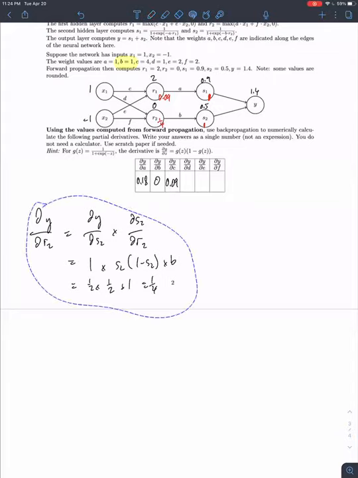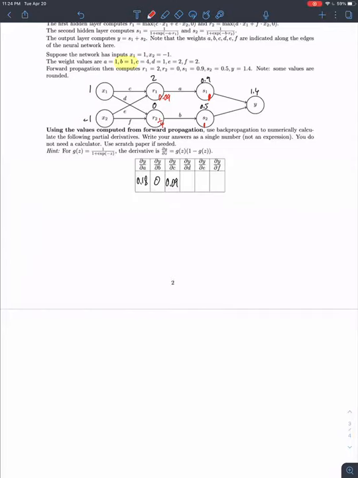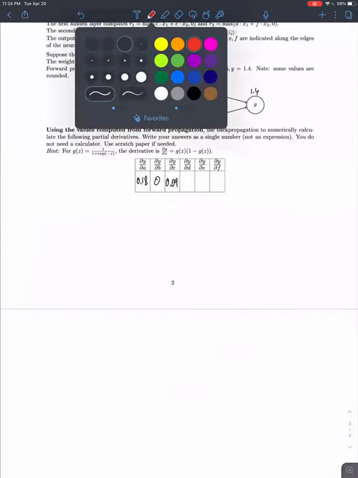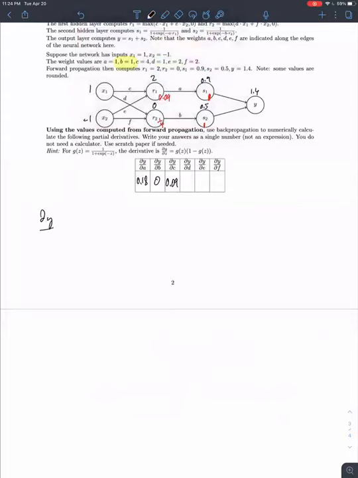Right, why was that convenient? Well, it's convenient because partial y, partial d equals partial y, partial r2 times partial r2, partial d, which is 1/4 partial r2, partial d. All right, so r2 was dx1 plus fx2, right? But through the ReLU function.